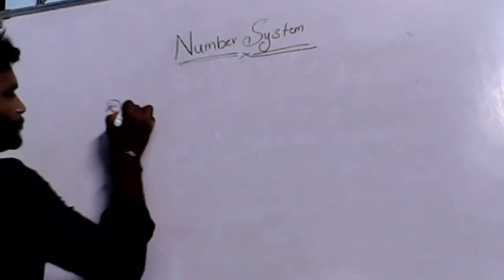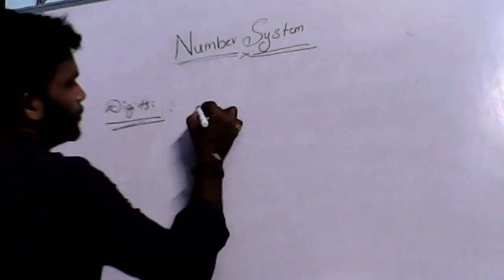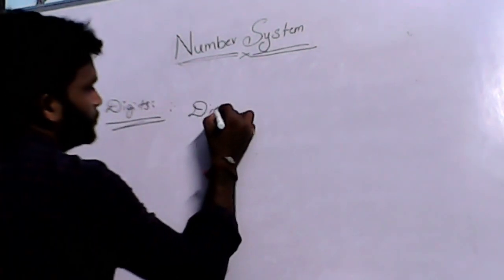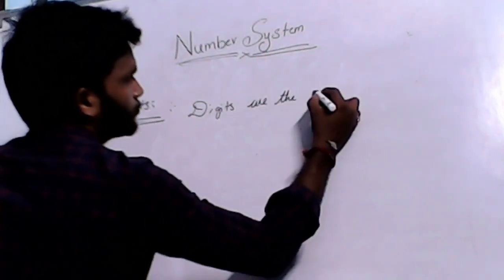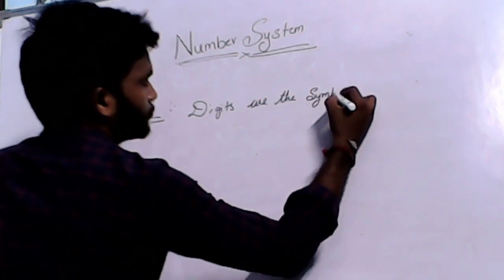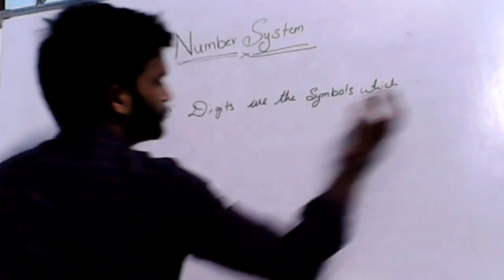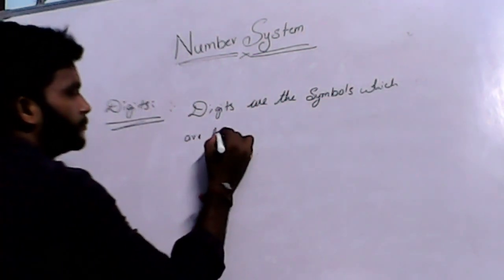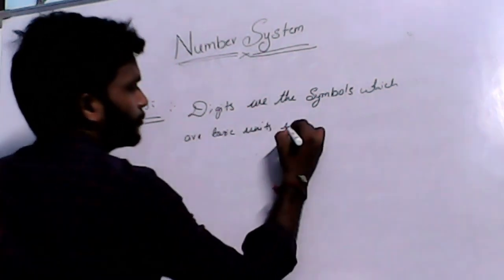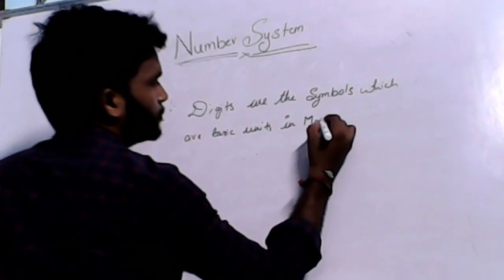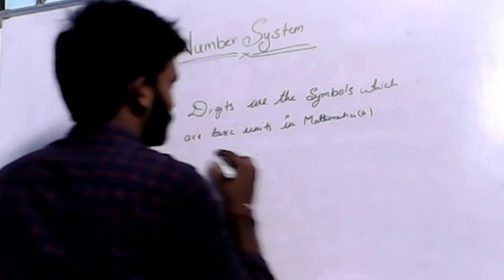So, digits are the symbols which are basic units in mathematics or any measurements.